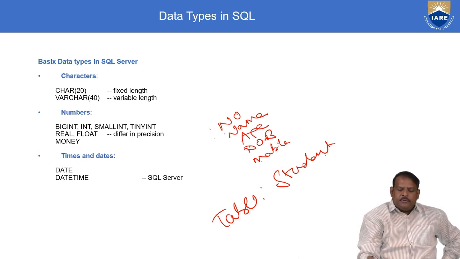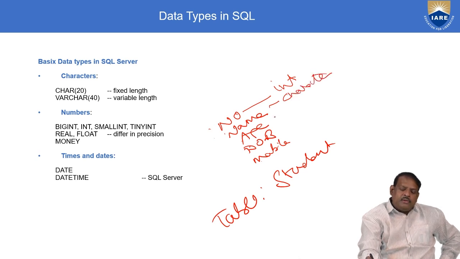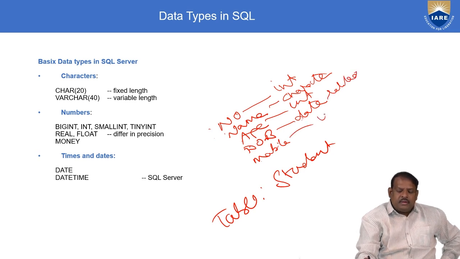So there are 5 attributes. In order to store number, I need to store some integer values. Name is a character value. Age is again an integer value. Date of birth is a date related value. Mobile is an integer value.